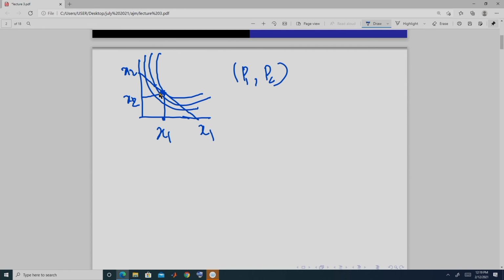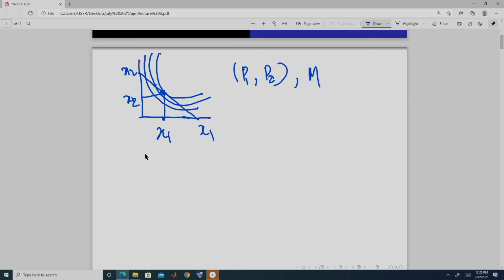So this is an optimal point which maximizes my utility subject to the budget constraint, and that's why we have chosen that bundle. We have arrived at this for a given set of prices P1 and P2 and an income M.